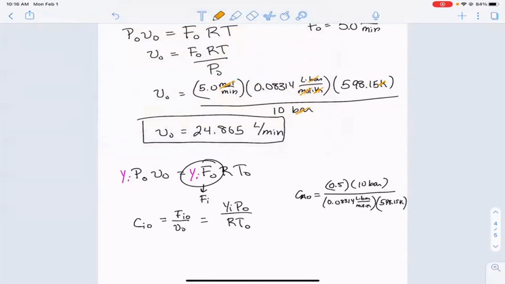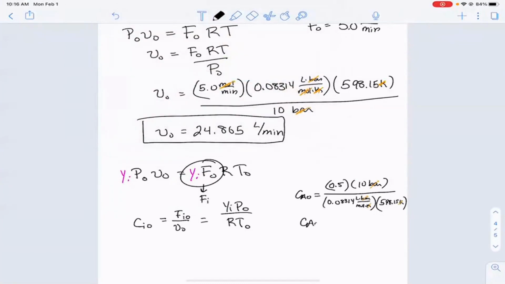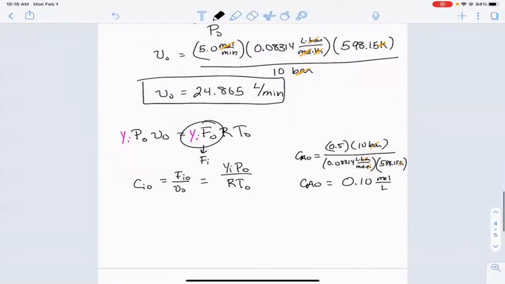And again, we'll look at the units really quick. Kelvin cancels, bar cancels, and that gives us an initial concentration for Ca0 equal to 0.10 moles per liter. And the mole fraction of B, of course, was also equal to 0.5, so that's going to give us the exact same number. So I won't waste our time here by also solving for that. Okay? So this is good.